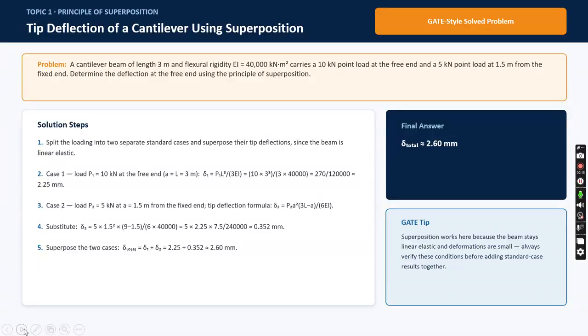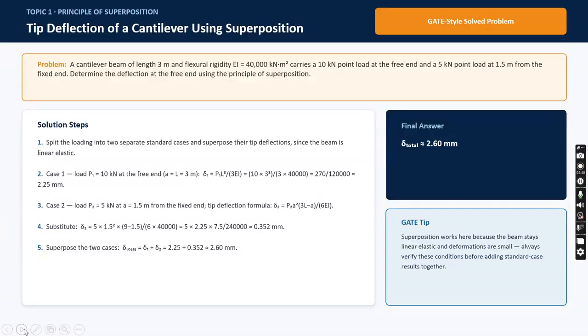See here, there is a cantilever beam, and EI is given as 40,000 kilonewton meter square. It carries a 10 kilonewton point load at the free end and a 5 kilonewton point load at a distance of 1.5 meter. The total length is 3 meter, and at 1.5 meter the 5 kilonewton load is acting. They are asking to find the deflection at the free end using the principle of superposition.